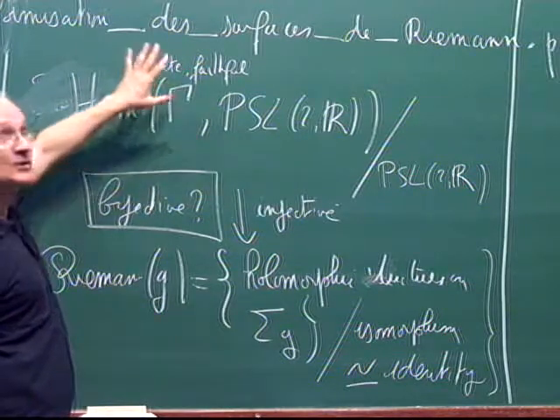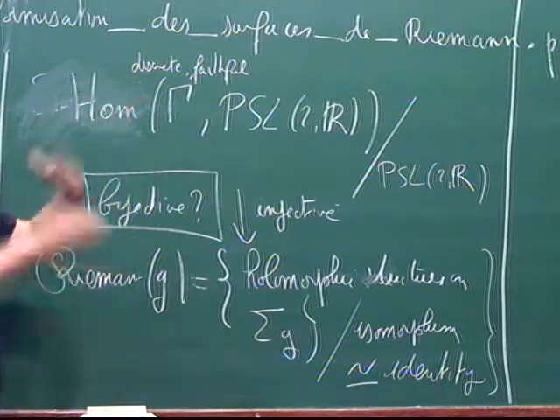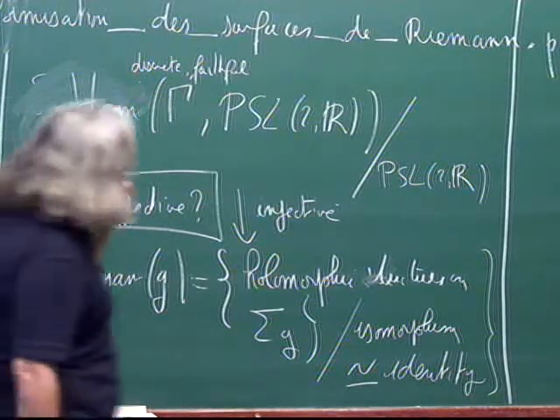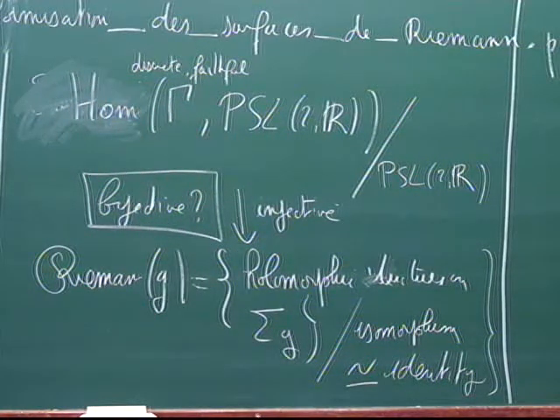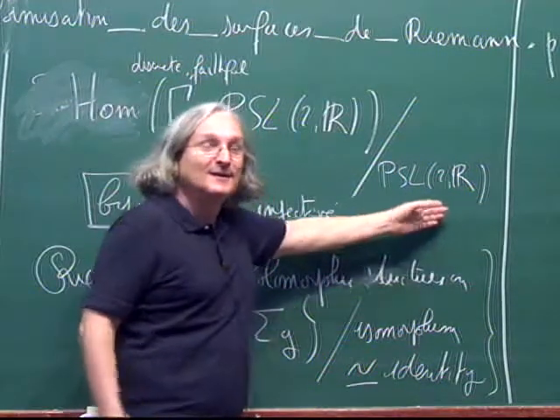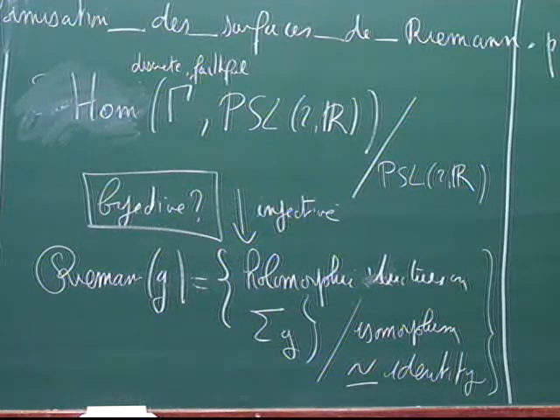So first of all, it's not clear what kind of subset this is in the space of all representations. And the second problem is that you go to this quotient. And when you have a group acting on a space, sometimes the quotient is not so nice. So it's not clear at all that this space is a reasonable space. So you first have to make some work to understand better what is this space Hom(Gamma, PSL2R) modulo PSL2R, discrete faithful.